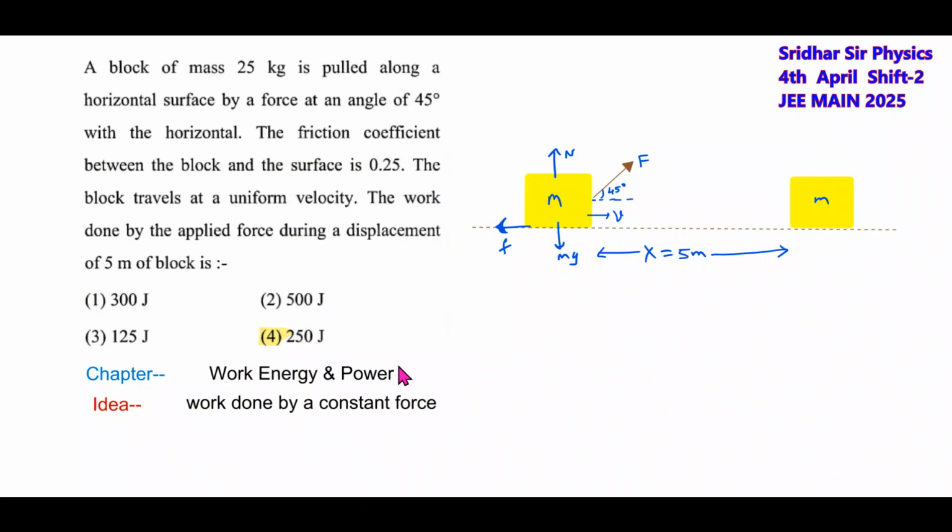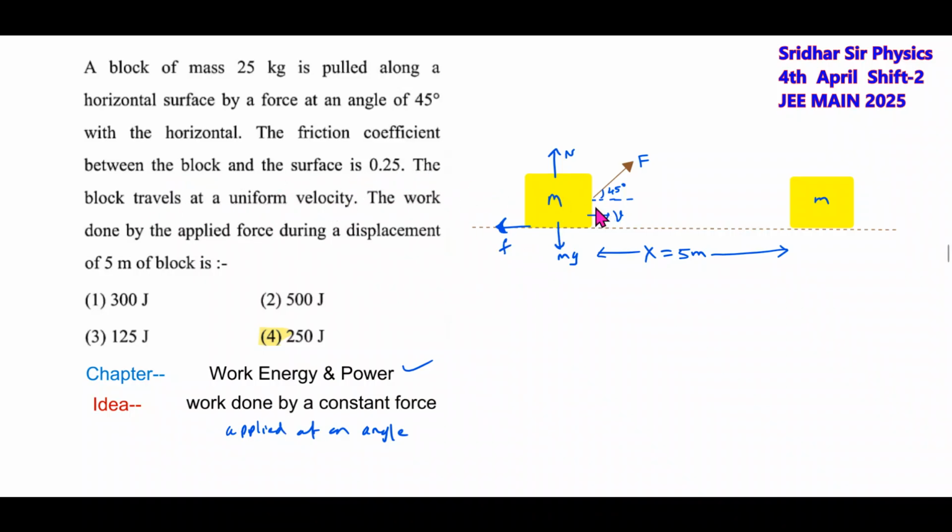This question is based on the chapter work, energy, power. The idea of work done by a constant force applied at an angle on the block. A block of mass 25 kg is pulled along a horizontal surface by a force at an angle 45 degree. The friction coefficient between the block and the surface is 0.25.